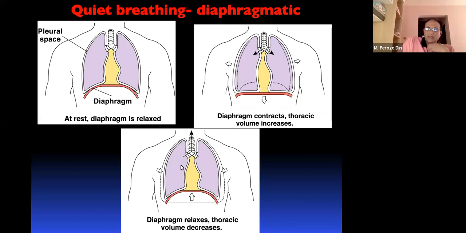Boyle's law says less volume, more pressure, and that increase in pressure is what drives the air out of the lungs. If there's additional need for a larger expulsive effort, then the abdominal muscles can contract, and also the internal intercostals can contract, pushing to reduce the volume further and push the air out with more force.